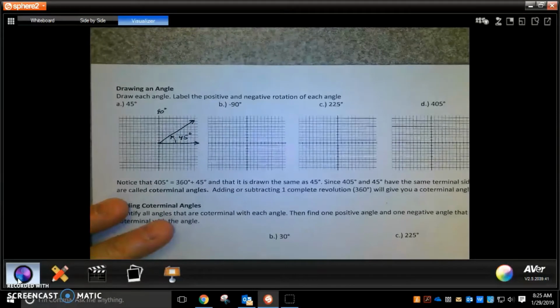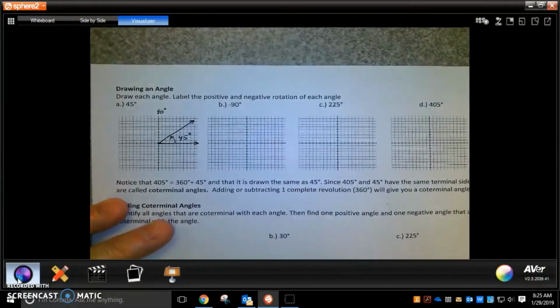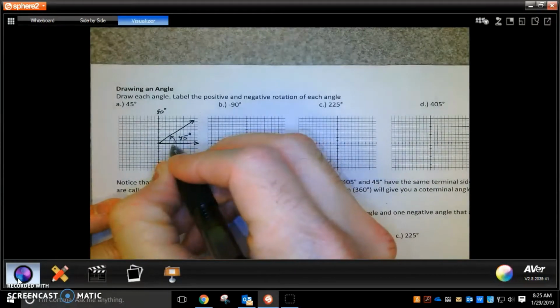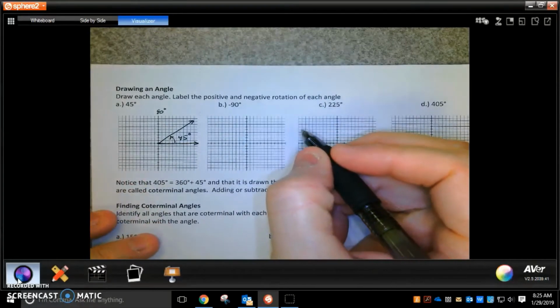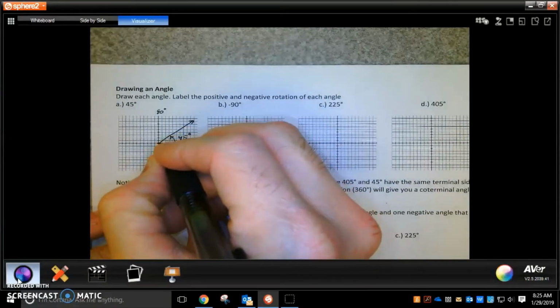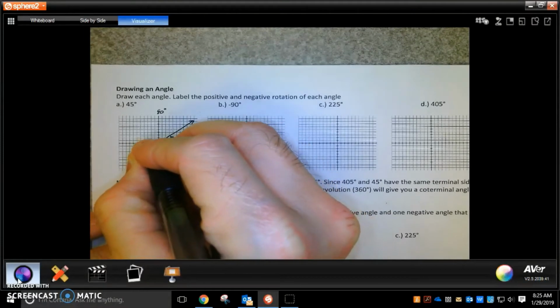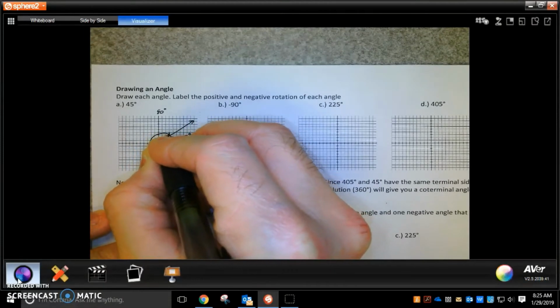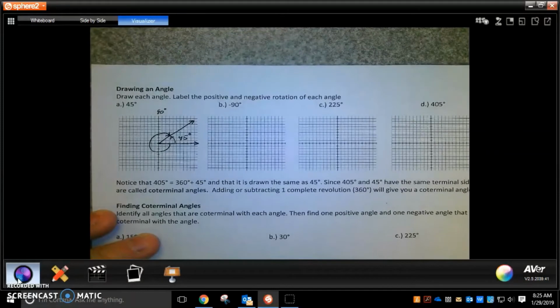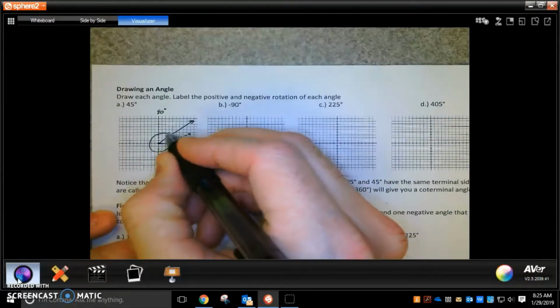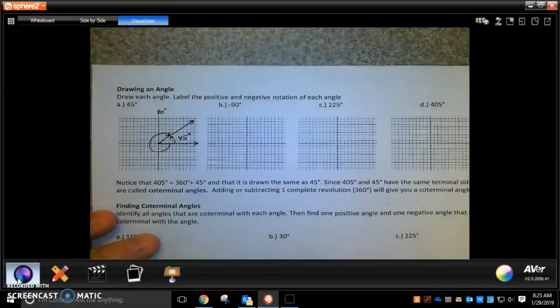Okay. Now, this exact same angle could also be measured going in the opposite direction. So that'd be a negative rotation. So if I started at this same spot and went this way, how would you measure that? Well, if it went all the way around, that'd be 360.